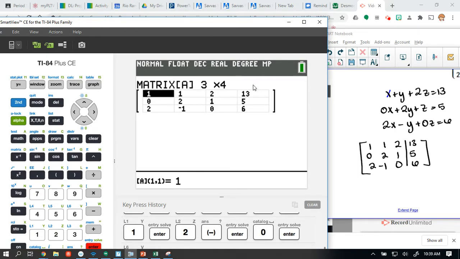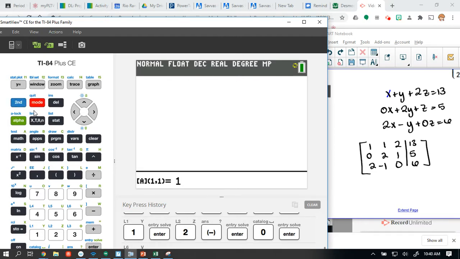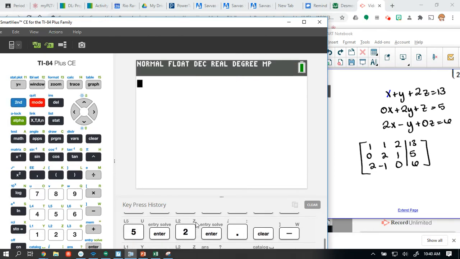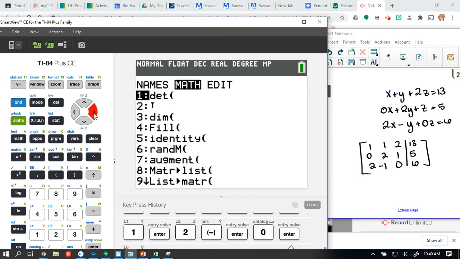All right, so now I have my matrix all set up. Matrix A is a 3 by 4, and all my values are inputted in. I'm going to get out of this matrix by hitting second, quit. And then I'm going to calculate this matrix. And anything to do with matrix is always underneath this tab. So I'm going to hit second, x to the negative 1, and I'm going to go to math.